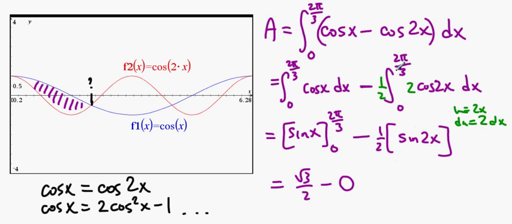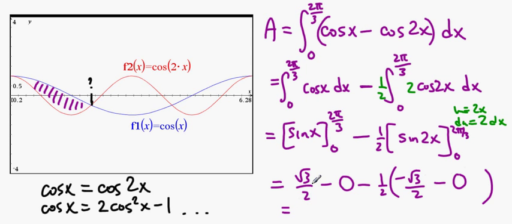from, these are x limits, so I suppose we can use x limits. So now minus 1/2 of sine of 2 times 2 pi over 3. Sine of 4 pi over 3, that's third quadrant. That's a negative number. That's negative root 3 over 2. Sine of 0 is still 0.